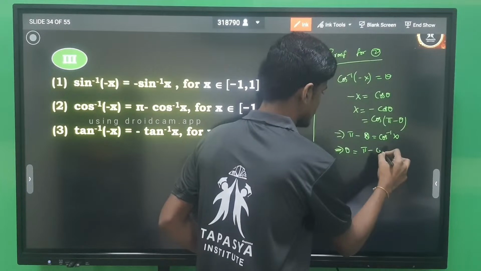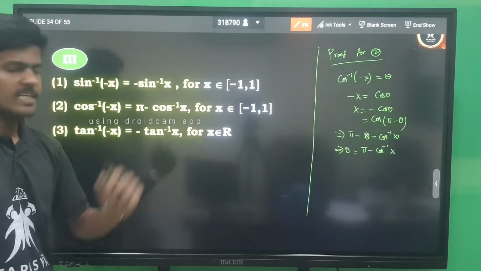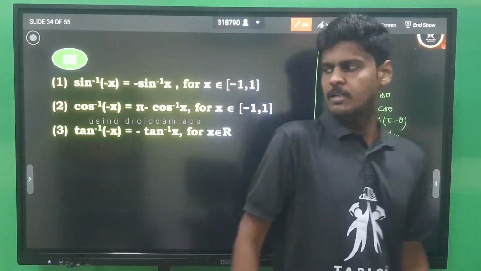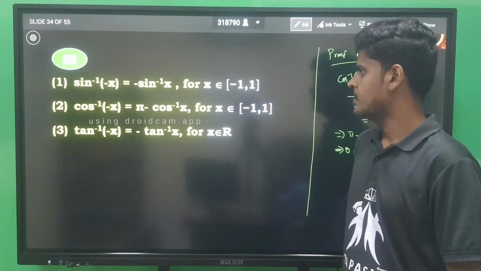This is the right hand side, pi minus cos inverse of x. That is the proof for this. Similarly, we can prove all the properties.